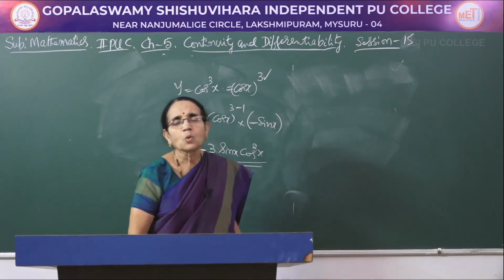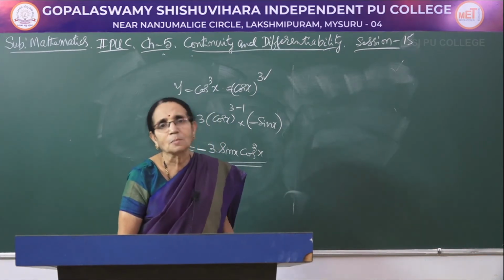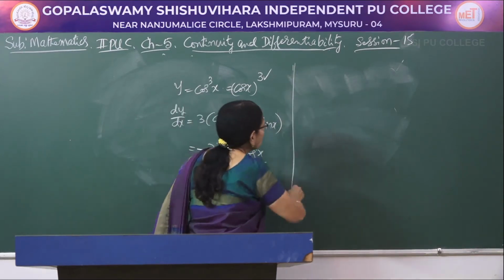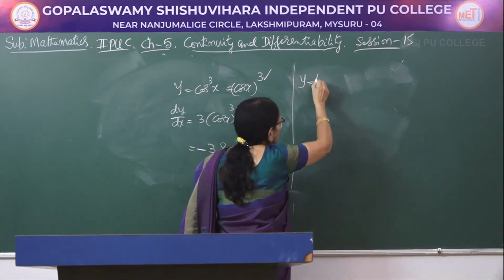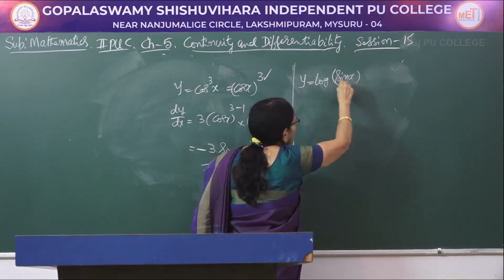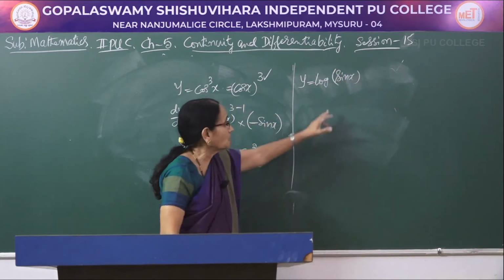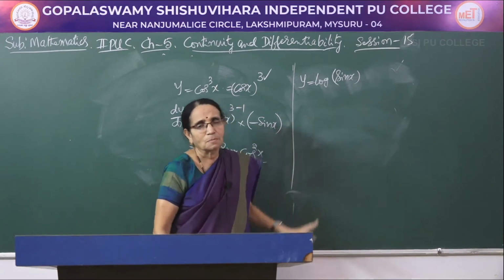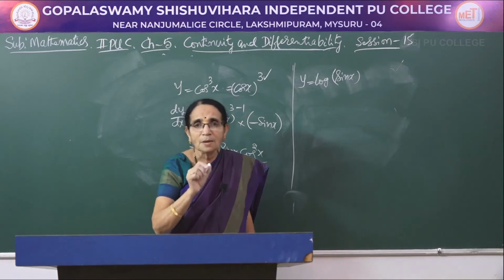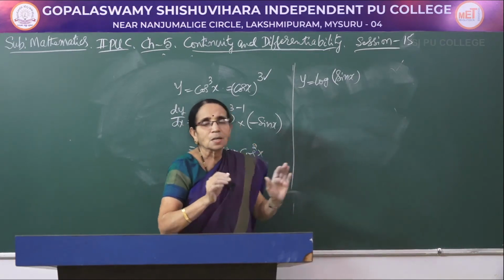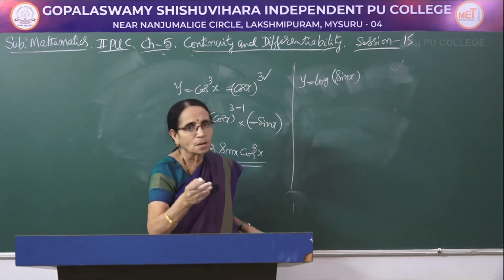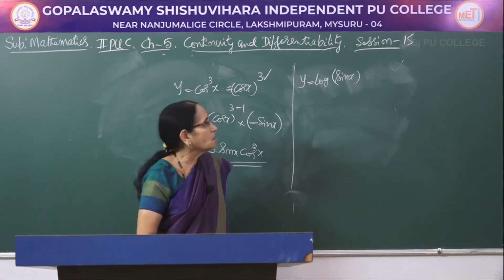Now, let me move on to the logarithmic function, combination of logarithmic function. Suppose I am having a function y is equal to log of sin x. Usually these days they do not write the base here, but strictly speaking it is e only. If the base is not written, it is understood that we have taken the base to be e, which I explained while discussing the logarithm.